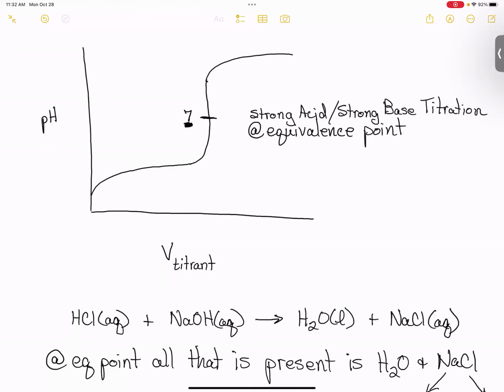What are the stoichiometric amounts of reactants that are needed? Then we're going to develop something similar to an ICE table for a strong acid, strong base. It's not quite an ICE table, but it's similar. But we're going to have to take into account dilutions as we go.